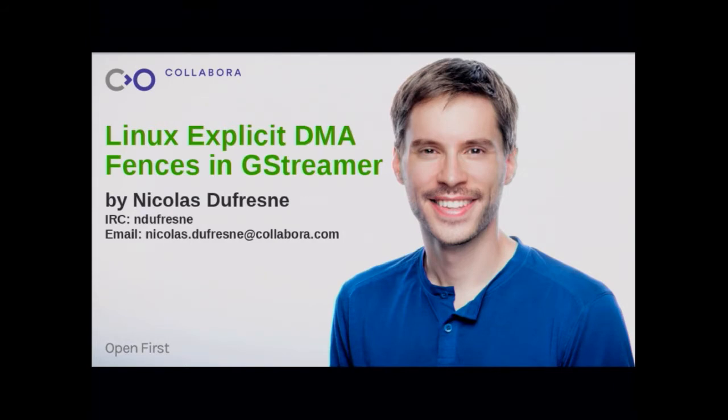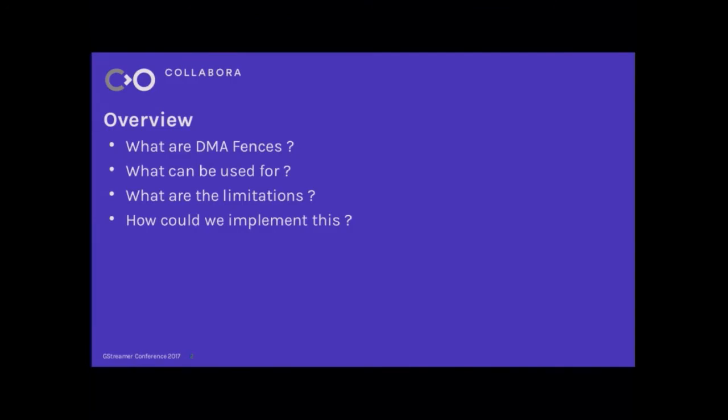So the subject, I'm not going to present myself a second time, so I'll just keep going. The subject today, we're going to talk about DMA Fences in GStreamer. DMA Fences is a new feature that got merged into the Linux kernel recently. And it opens up a new paradigm for exchanging memory between components, well, hardware in this case, but it could go further.